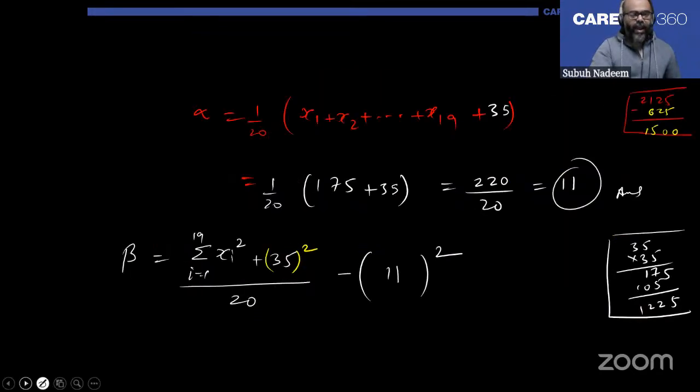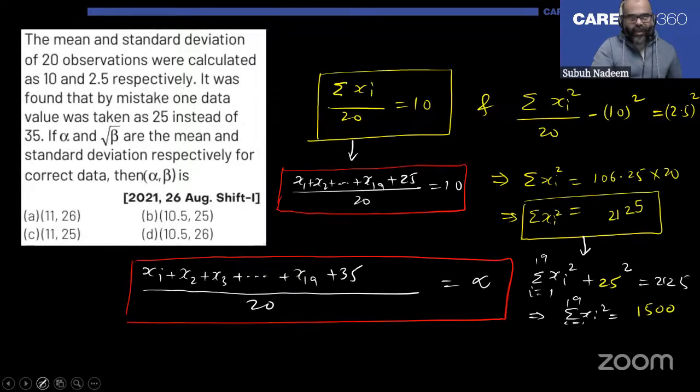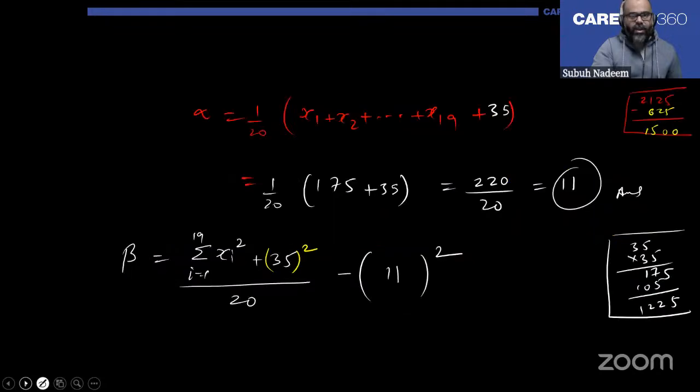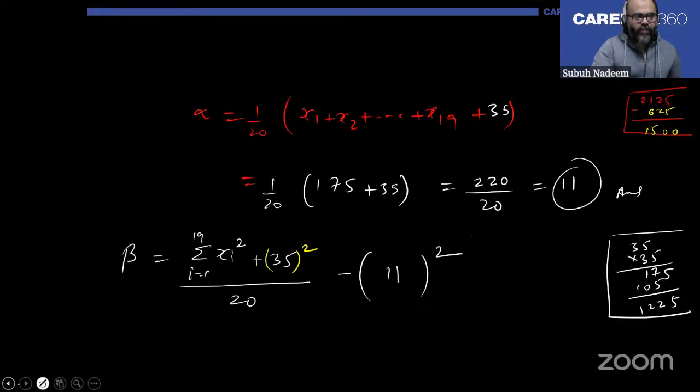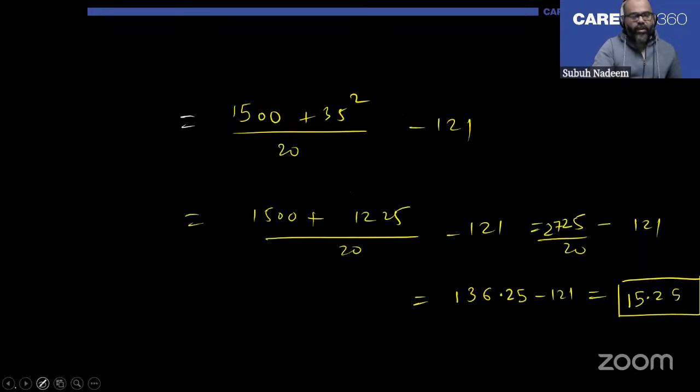Now here we add 35 square to this, and by 20, I am writing it here, total observations. Correct mean is now 11, so 11 square. So it will become 1500 plus 35 square by 20 minus 11 square, that is 121.